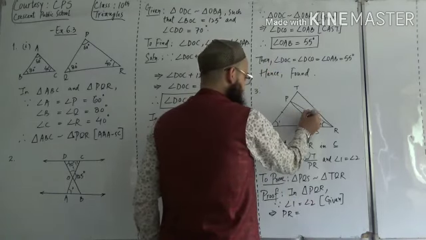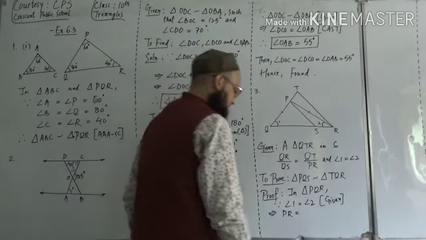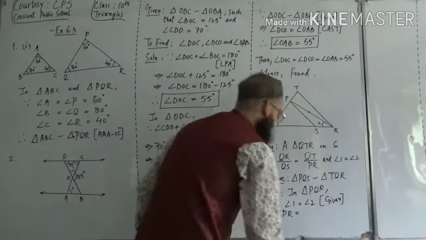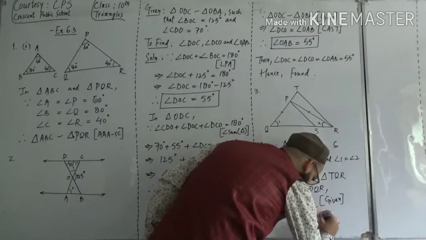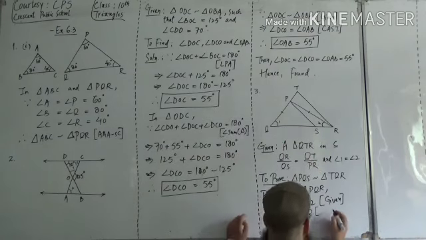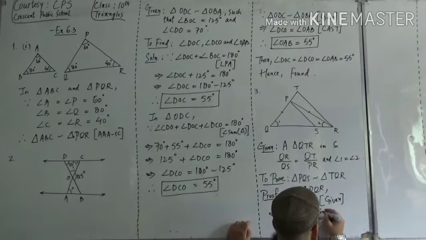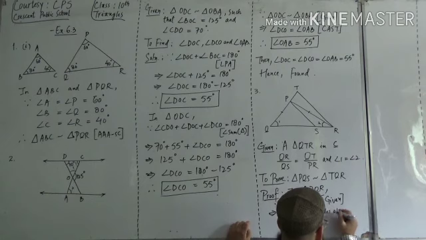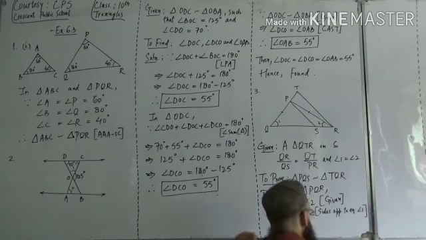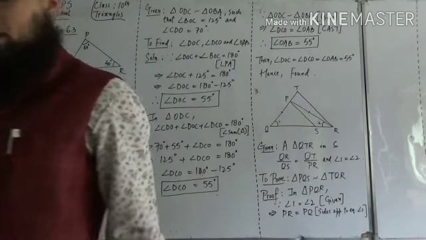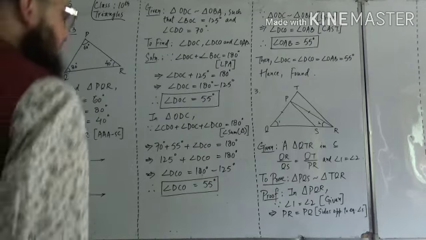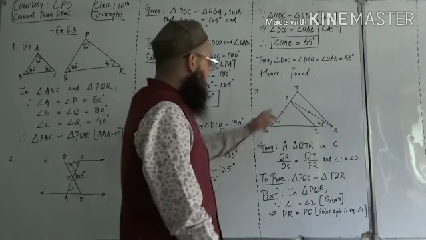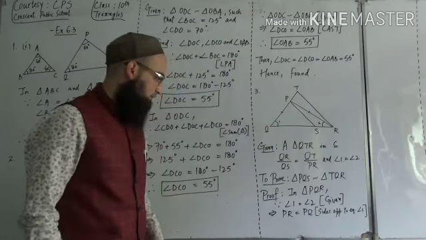So this is equal to this, PQ. Now write the reason: sides opposite to equal angles. So PR is equal to PQ.